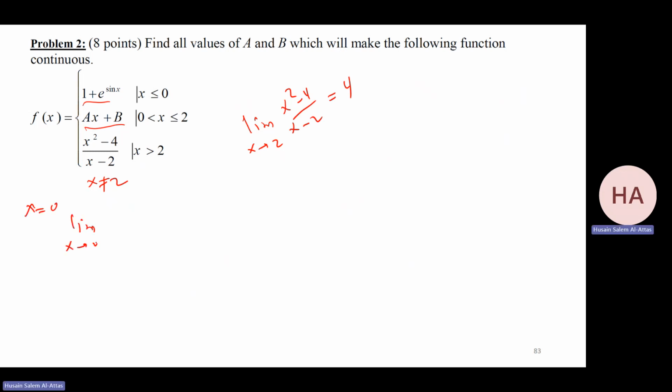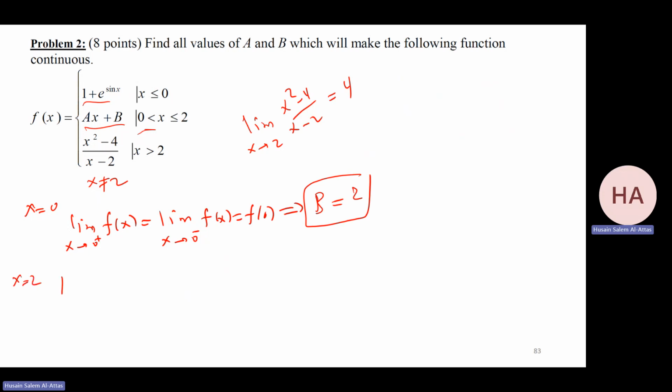Now x equals 0. The limit as x goes to 0 from right equals the limit as x goes to 0 from left, equals f at 0. From the right, I'm here, that will be b. From the left, I'm here: sine 0 is 0, e to the power 0 is 1, so that will be 2. So b equals 2.